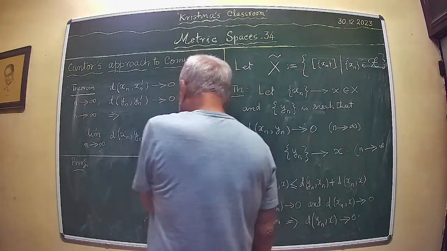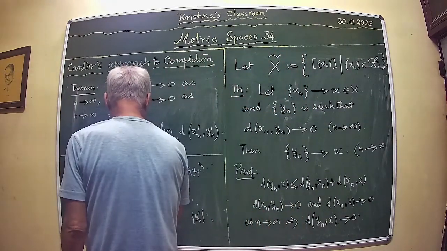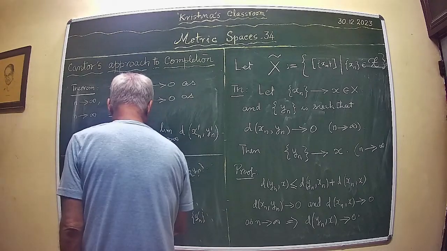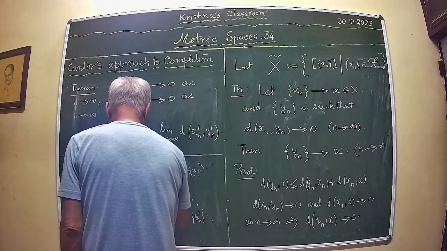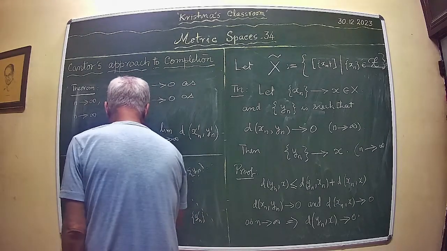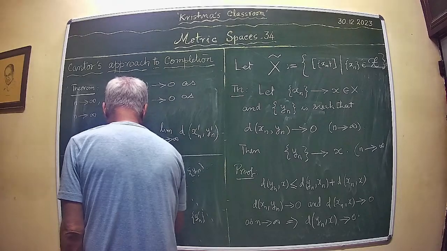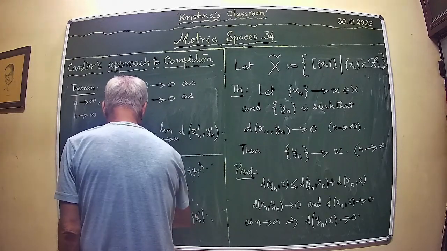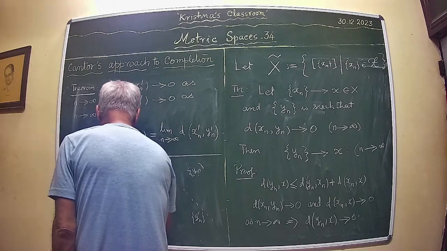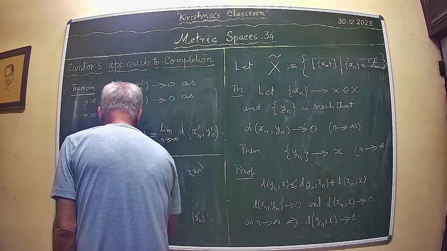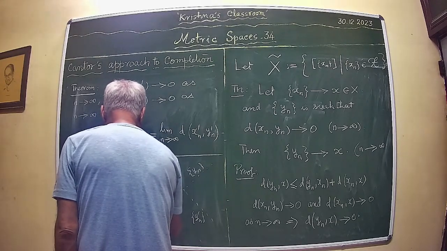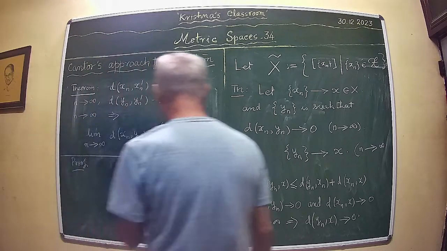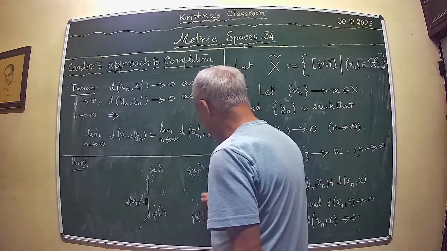So what it says is this, suppose this is the element x_n, and this is x_n prime. So this is the distance d(x_n, x_n prime). This is d(y_n, y_n prime).